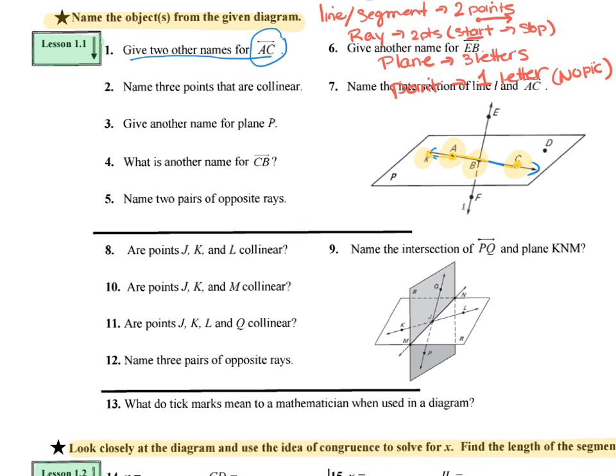Don't forget there is the little shortcut that you can name that line K, but when you do that you would have to use the word line. Or you could mix up your letters, CA, AB, choose any 2 points on that line.